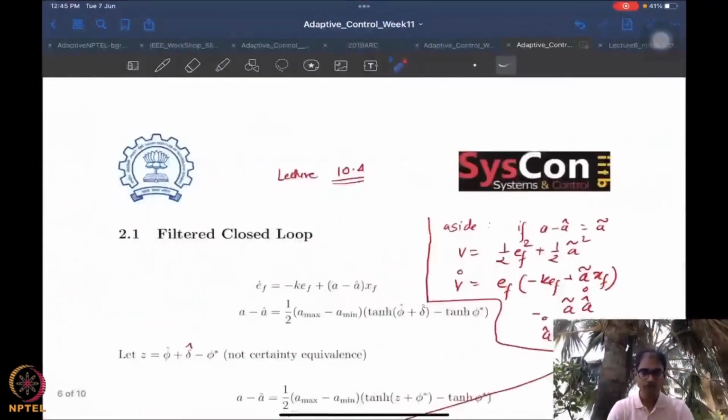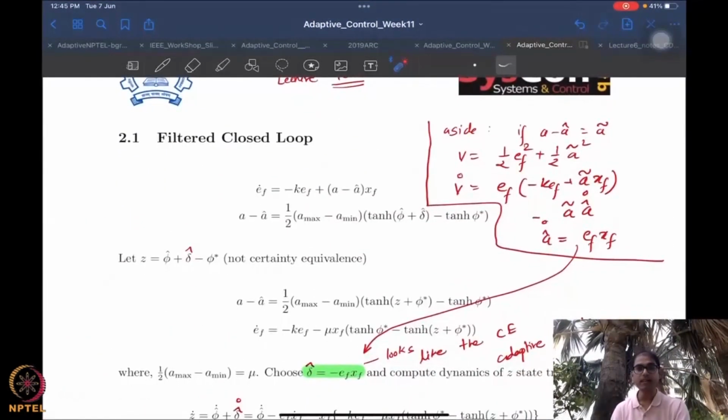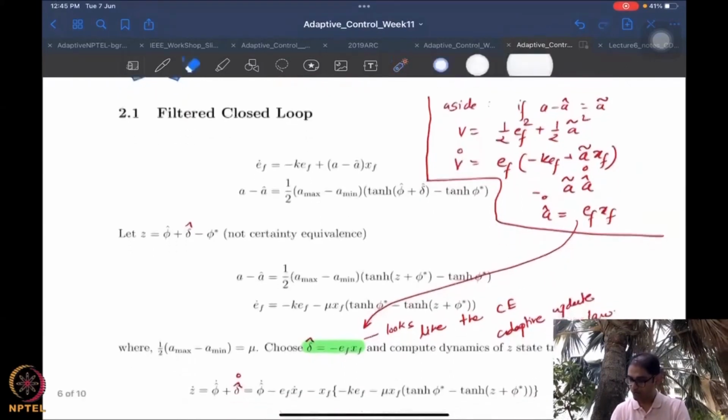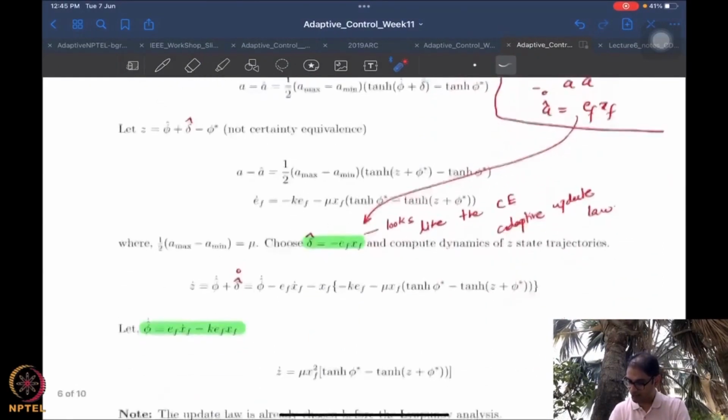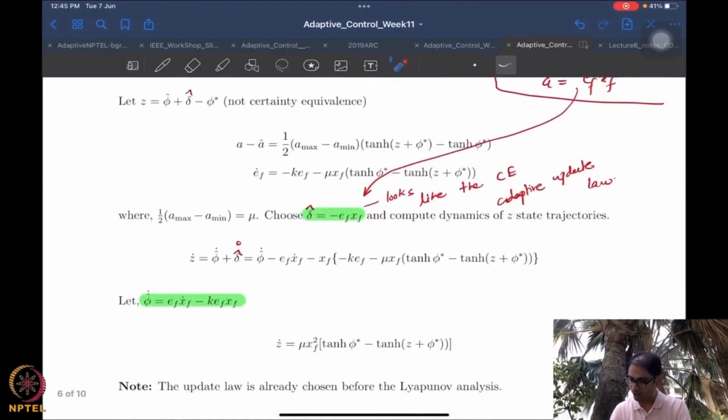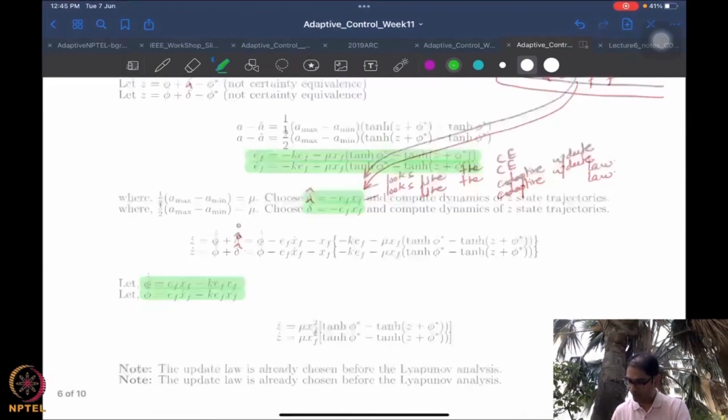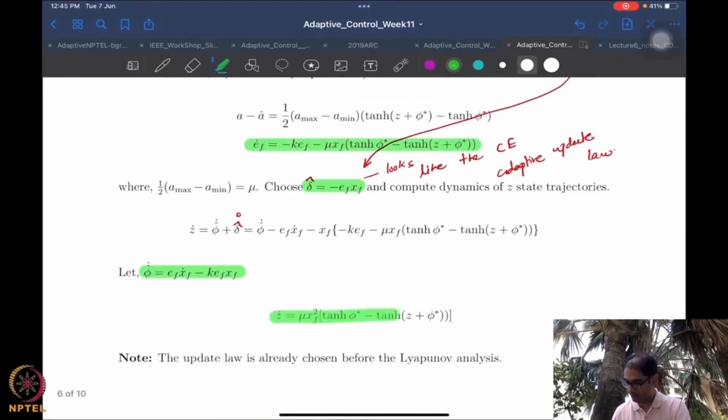All right, great. Now we can move on to the stability analysis. So we have now two pieces of the dynamics. We have the EF dot, which is written in this form, and we have the Z dot. So these two are the critical ones. In fact, I will mark them with a different color.